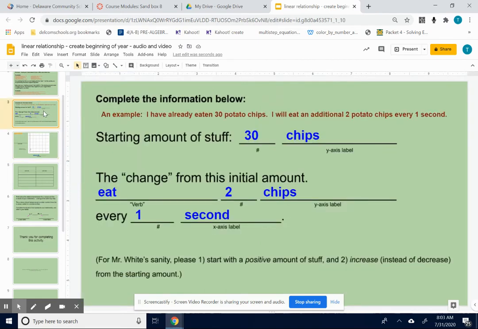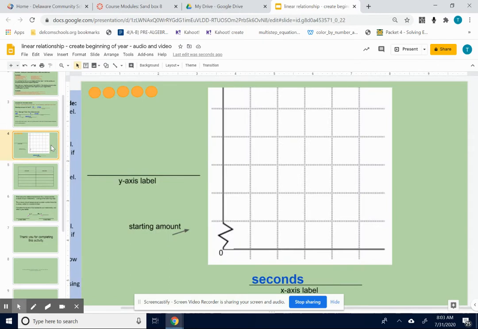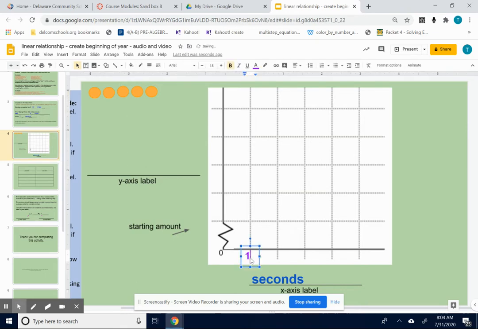See, mine was every 1 second. Two chips every 1 second. So I'm going to count by ones on my x-axis. I'm going to type 1, and then keep counting by ones from there. So 2, 3, 4, 5.